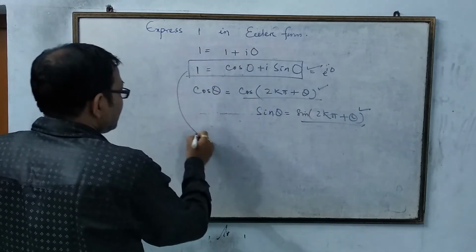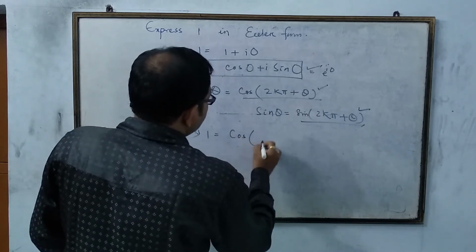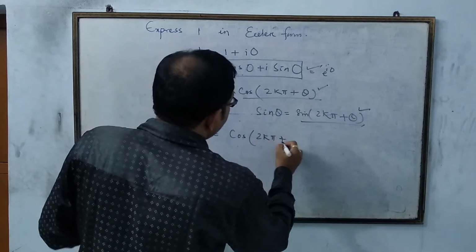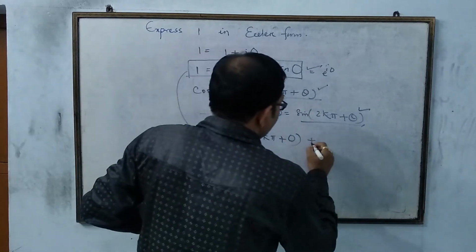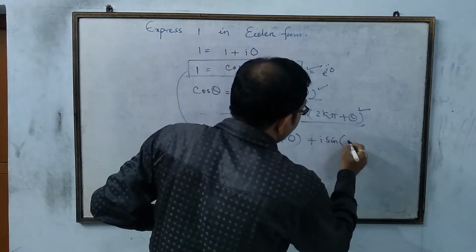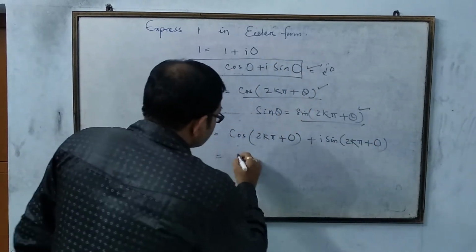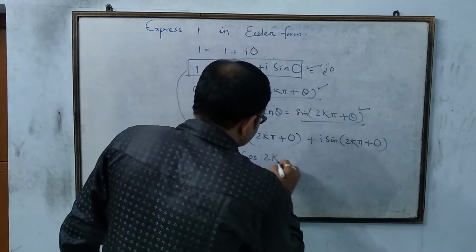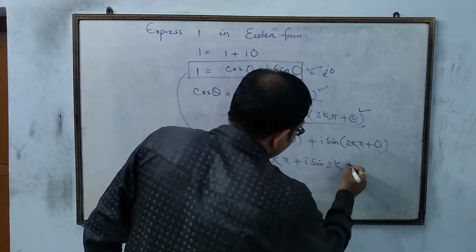So I can write 1 is equal to cos of 2k pi plus 0, because theta is 0, plus i sin of 2k pi plus 0. So the answer is cos 2k pi plus i sin 2k pi.